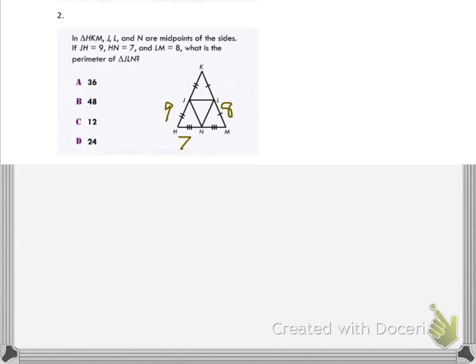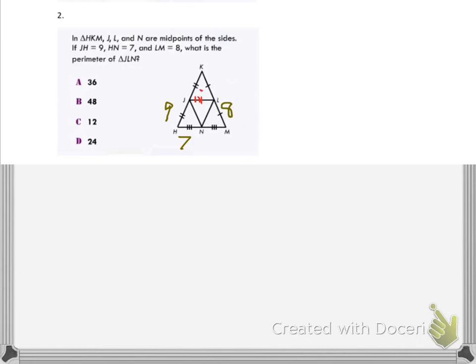So, if JL is parallel to HM, then it's half the length. Well, HN is half the length of HM, so therefore I can put 3 little hash marks here and say that that's the same as HN, which was 7.